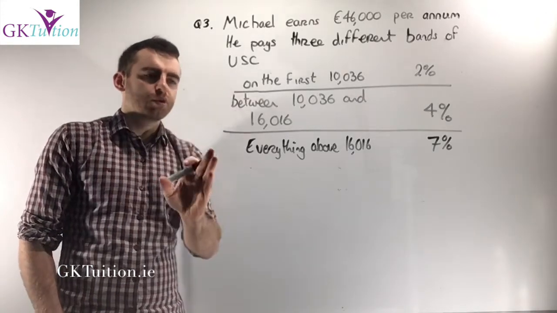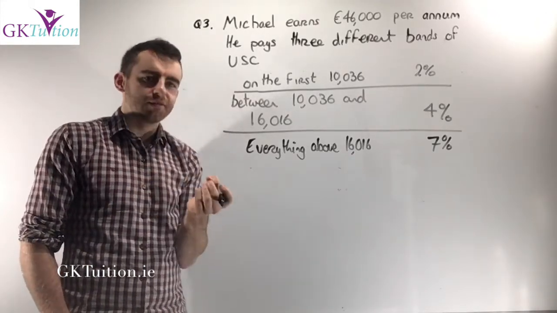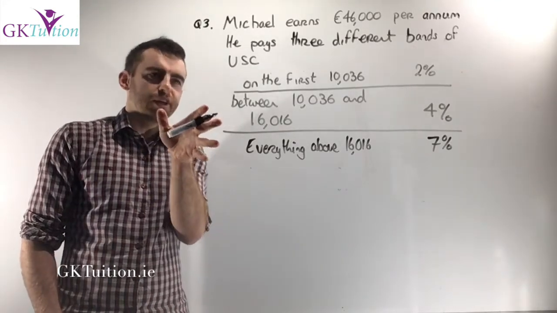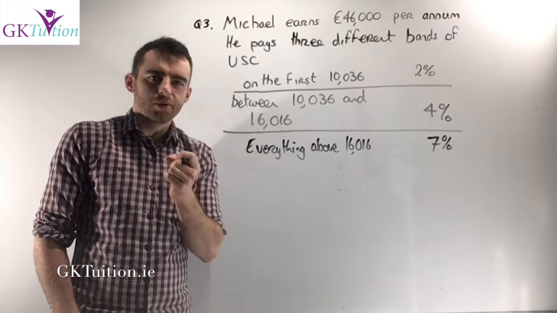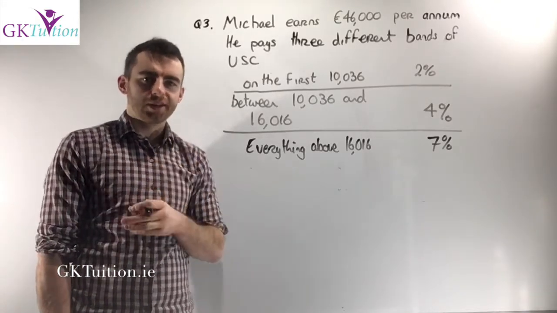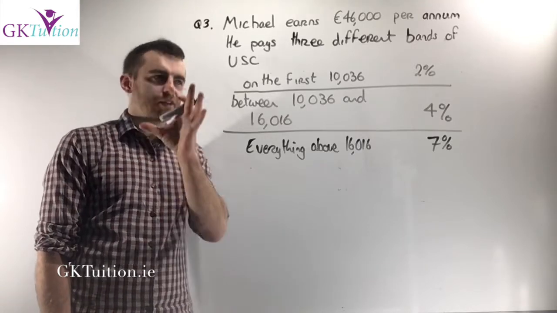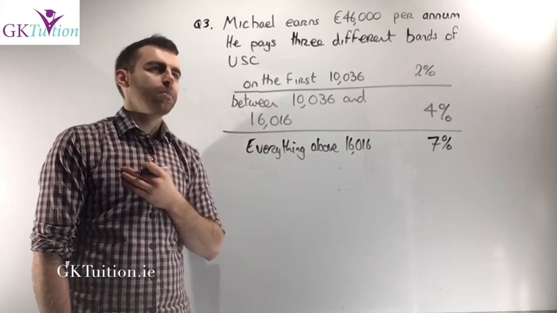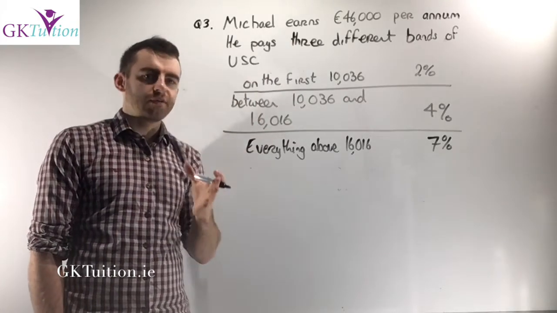So I want to just do one question on USC here. It's relatively straightforward. It's different from income tax in that there's 3 different bands. Notice that when we were doing income tax in the previous 2 questions, you had to pay 2 different rates. Roughly 20% on a certain amount, and then roughly 40% on the remainder. Whereas in USC, there's 3 different bands.